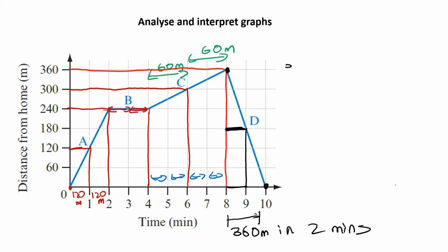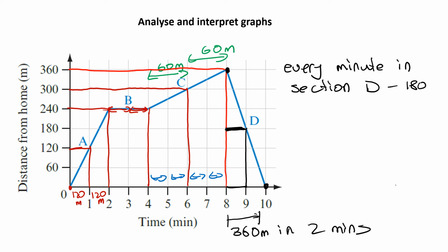So every minute in section D, it's, what did I say, 180 meters. Then section C, it was 60.